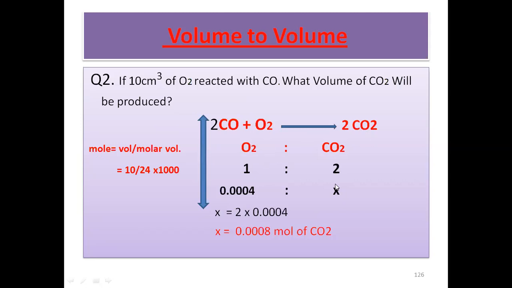X moles for carbon dioxide, and 10 centimeter cube is converted into mole. 10 divided by 24 multiplied by 1000, and we have 0.0004 moles of oxygen. After cross multiplication, 0.0008 moles of carbon dioxide will be produced.